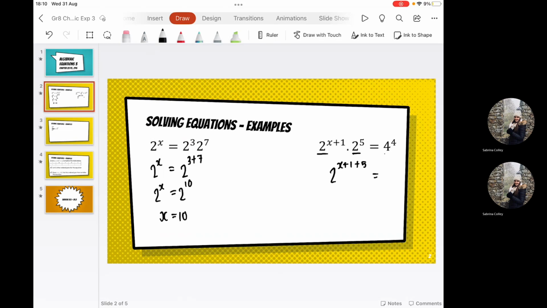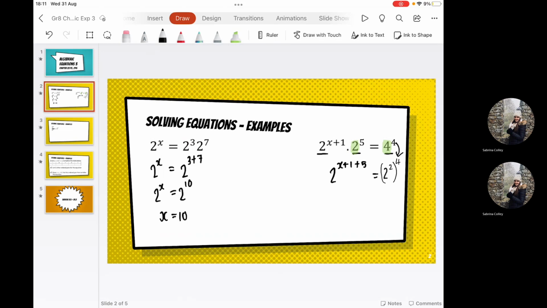Now on this side, I want the 4 to have the same base as the 2, so I need to think, how can I get 4 as a base 2? I know 2 to the power of 2 is the same as 4. So I can change that 4 to 2 to the power of 2, and I just have to remember to still keep the exponent that was on the 4.